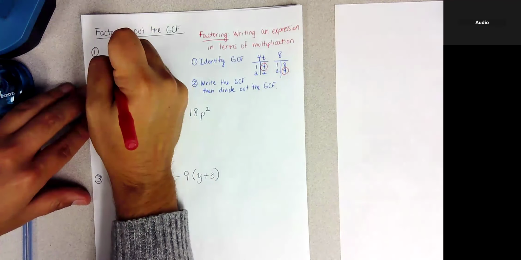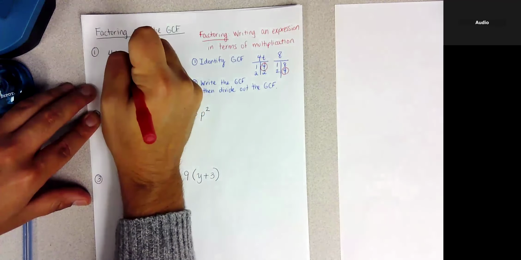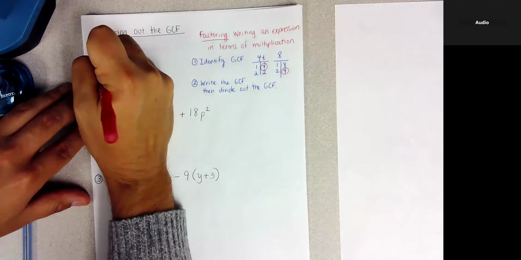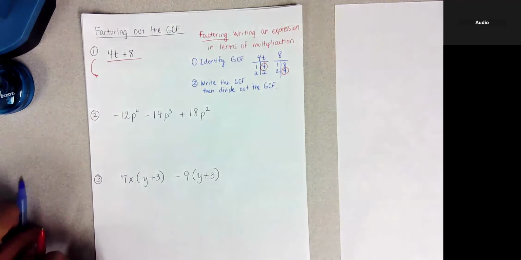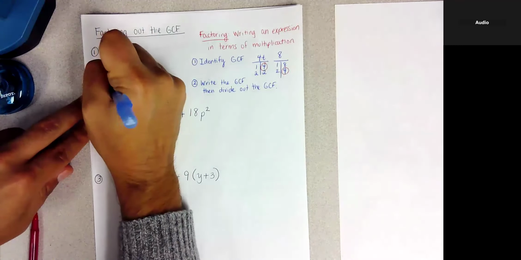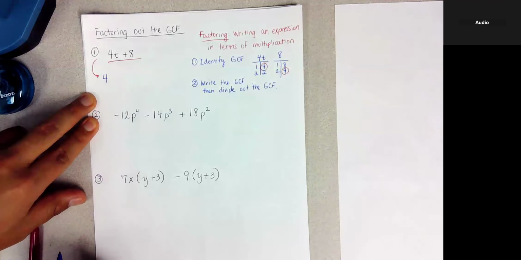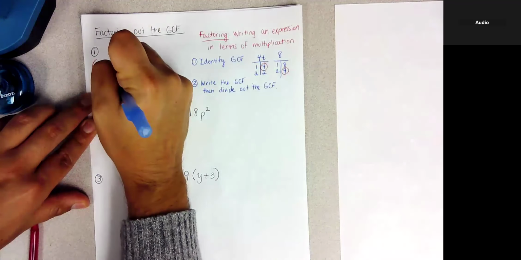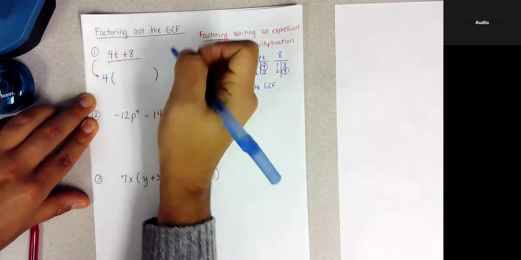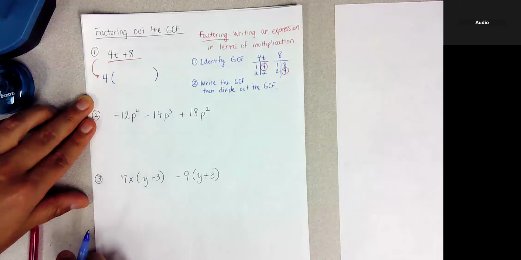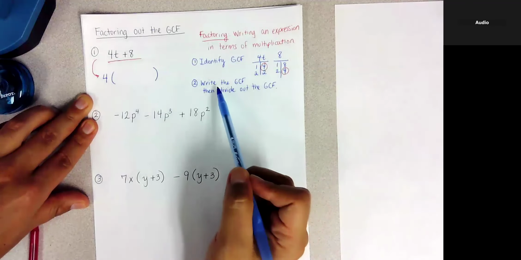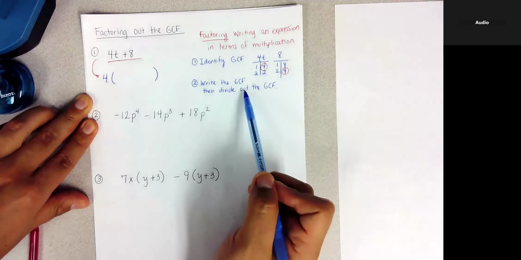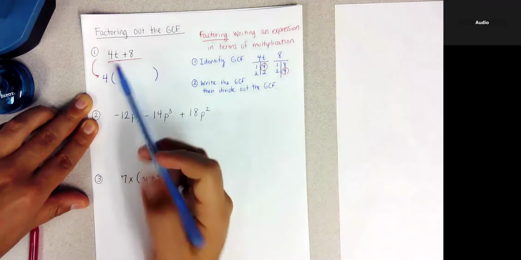So we're going to take this expression that we have here, and we're going to rewrite it first by writing down the GCF, which is 4. And then we want to write our expression in terms of multiplication, so I'm going to open up a set of parentheses. Okay. And then I want to divide the GCF out of the two original terms.